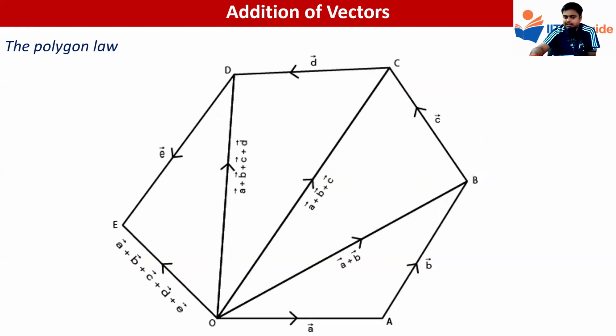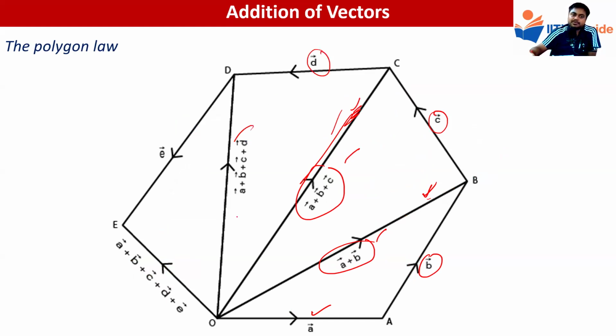The polygon law states that, so this is a vector, this is b vector, this is a plus b vector. Now on this a plus b vector, we add c vector, so this is a plus b plus c vector. Now on this, we add d vector, so it's a plus b plus c plus d vector. Like that, we can keep on adding ahead.